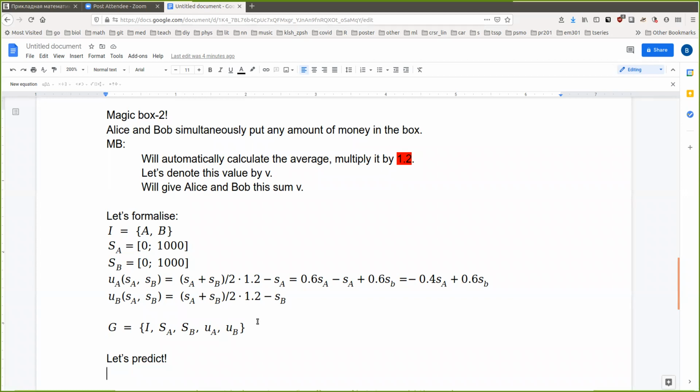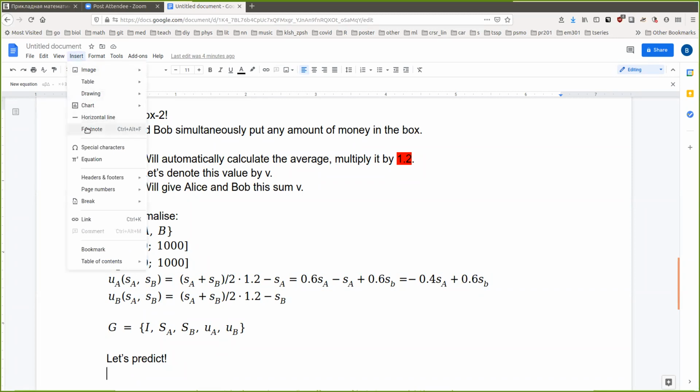Okay, so our prediction changes in that case if our players see that the function depends on their choice in a negative way. So the less I choose, the bigger will be my payoff. And the important point is that we're studying non-cooperative games. Players cannot make a legal agreement like, if you will not put 1,000, you will be prosecuted.